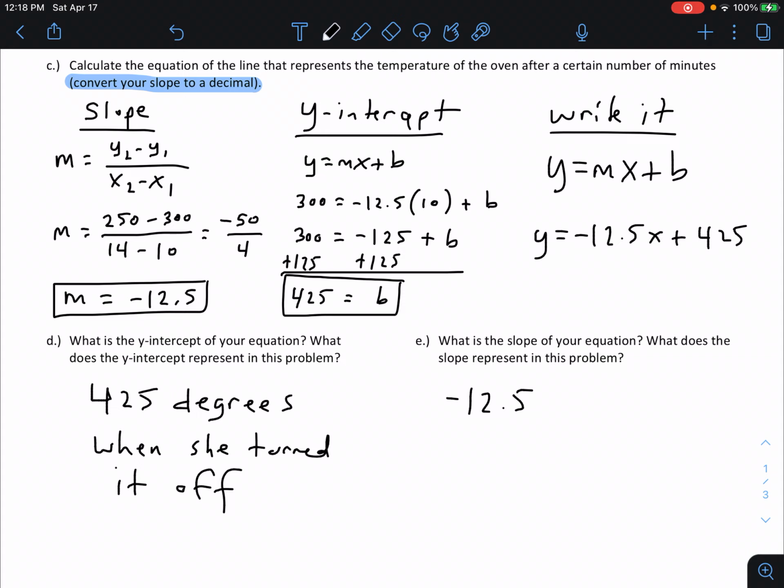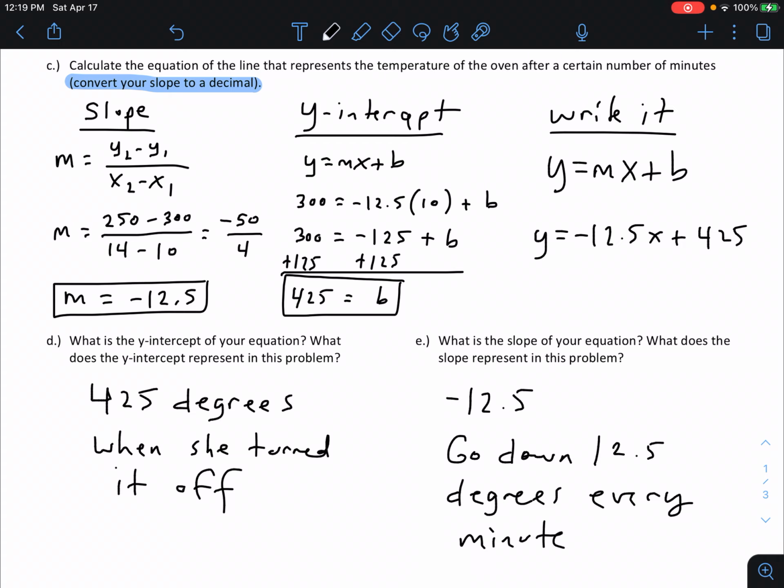And negative 12.5 means it's going to go down 12.5 degrees. And the x represents minutes, so it's going to be every minute. So if we wait 1 minute, it went down 12.5 degrees. If we wait 2 minutes, it goes down a total of 25 degrees, and so on and so forth.